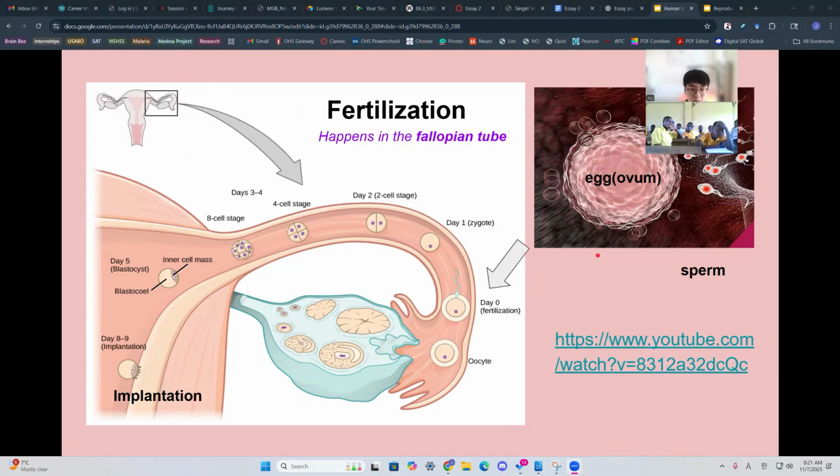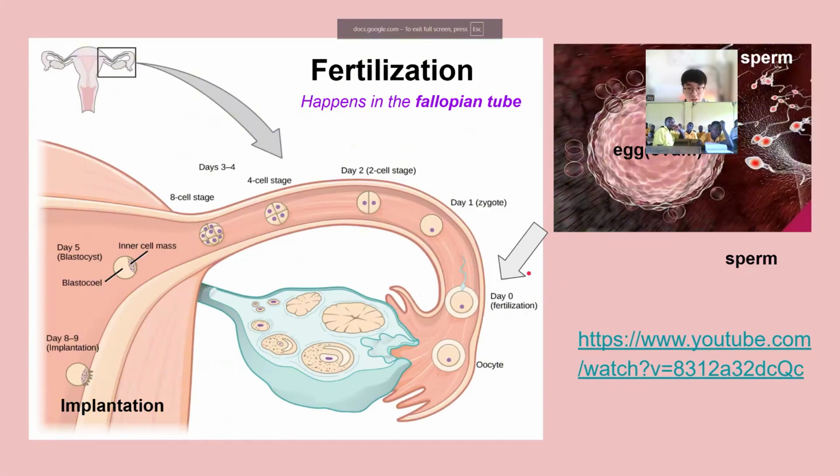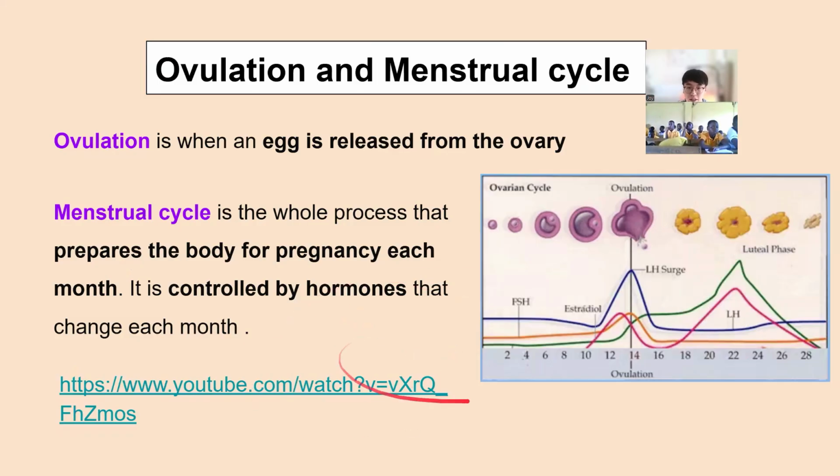So yeah, that was the video about fertilization, and it is the process of how it occurs and how the fetus is made. So remember that first, there is this regular cycle of the menstrual cycle, and we know it is controlled and varies by the hormones.